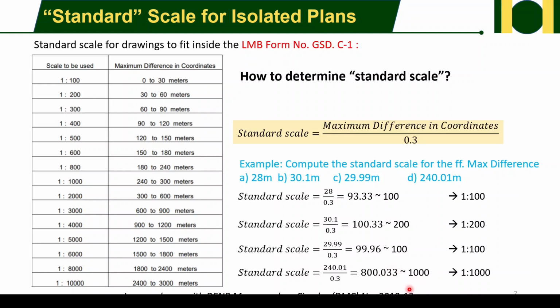So therefore you have to proceed to the next higher. After 800 is 1000, so the scale is 1000. Or check using this table: 240.01 is somewhere here.